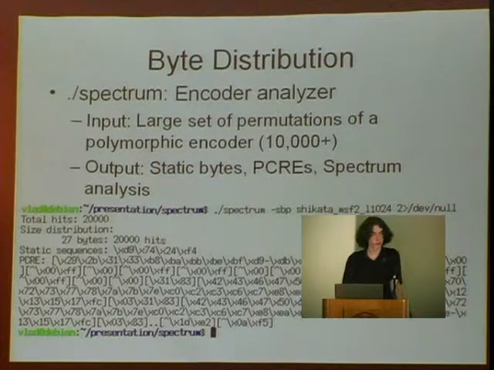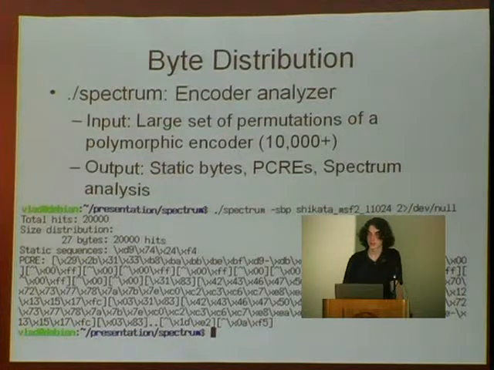What you can do with this is look at every single byte in every single one of those encoders, and say only these bytes actually occurred in all 20,000 or 50,000 encoders. So it's statistically probable that these are the only ones that are going to occur in the entire encoder anytime.